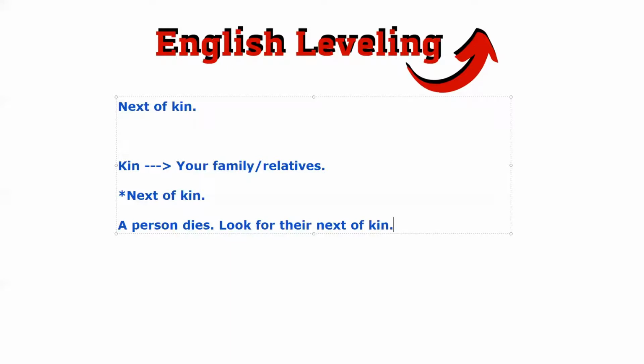So exactly what does that mean? The next of kin means their closest living relative, right? Usually by blood. So your next of kin would be your closest relative.